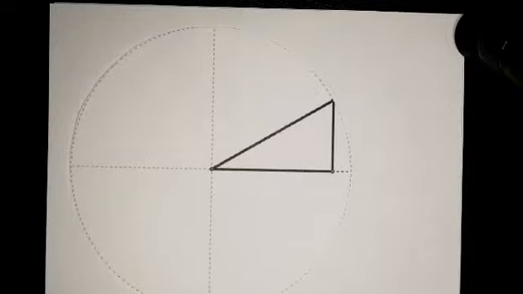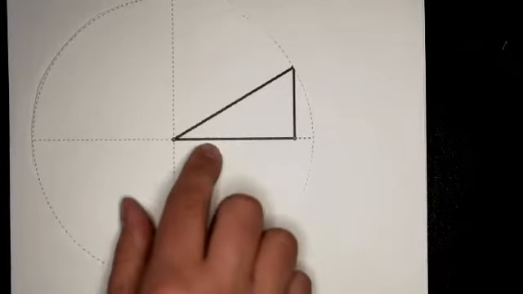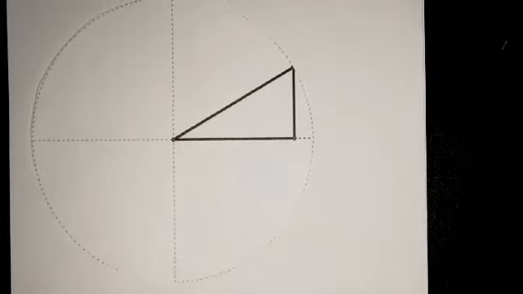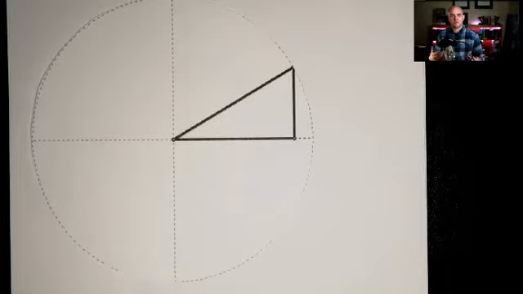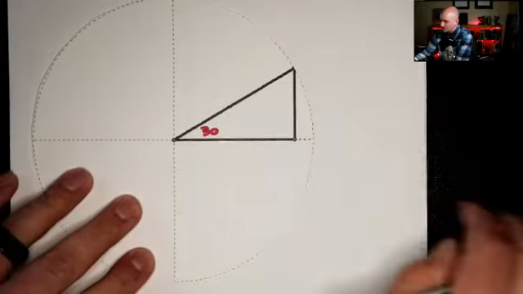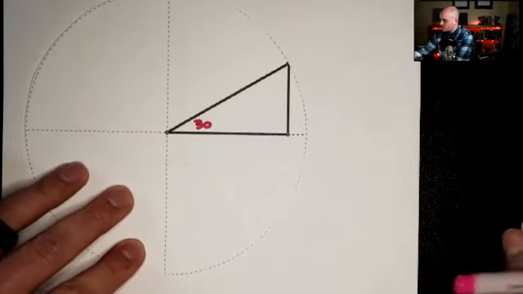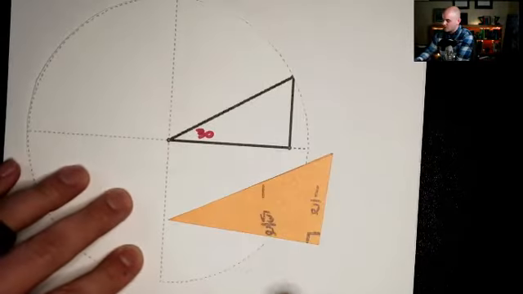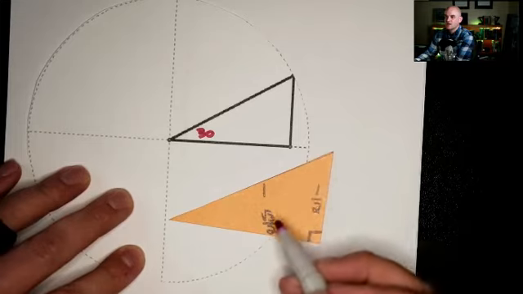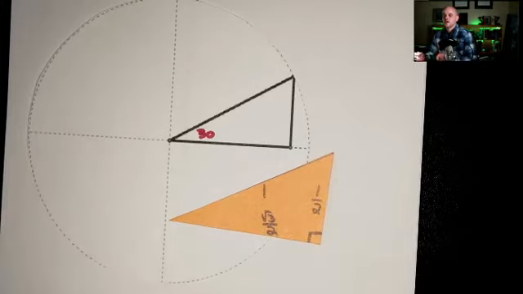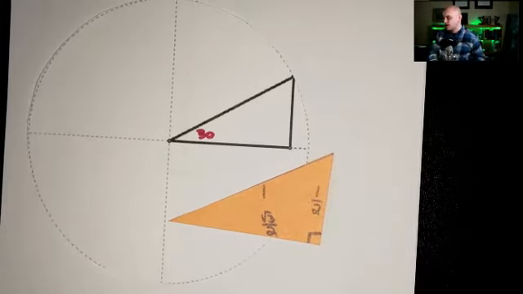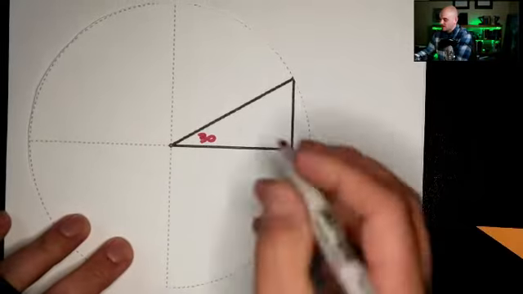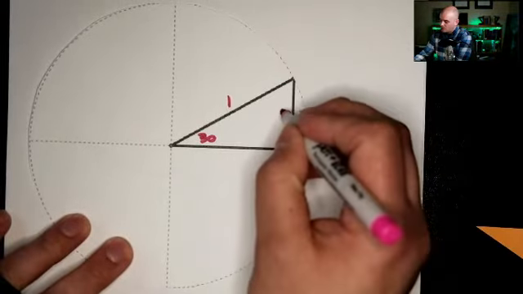So let's take a look first at one of the common angles here. This is going to be basically at 30 degrees. I'm going to talk about this in degrees and then we'll talk about it in radians. We went through this triangle that we wanted memorized, where the hypotenuse was 1, the long leg was square root of 3 over 2, and the short leg was 1/2, and that's exactly what I've got going on right here.